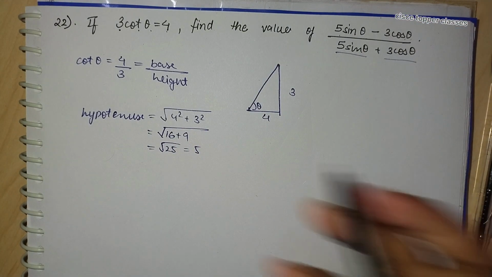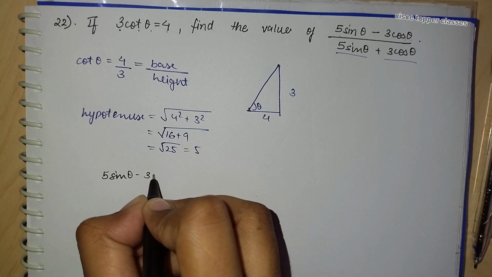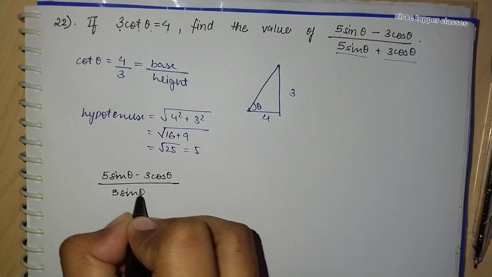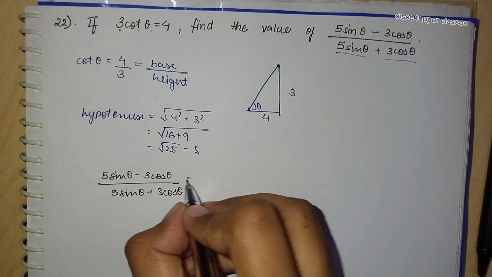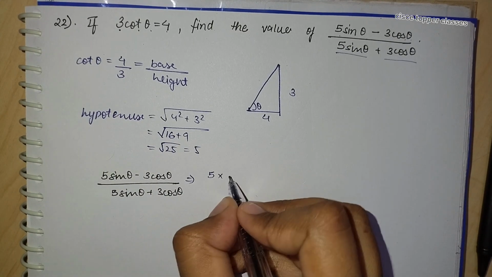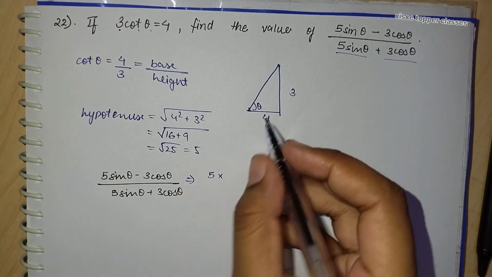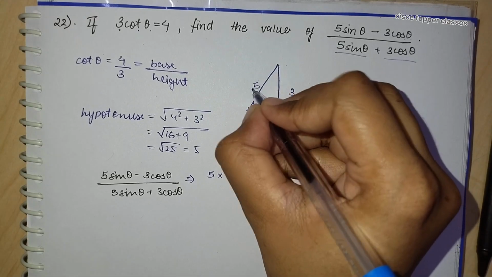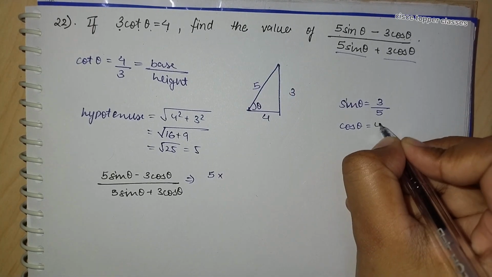Now we calculate (5 sin theta minus 3 cos theta) divided by (5 sin theta plus 3 cos theta). If we put the values, sin theta will be perpendicular upon hypotenuse, which is 3 by 5, and cos theta will be 4 upon 5.